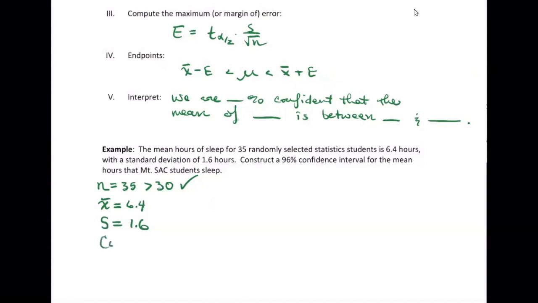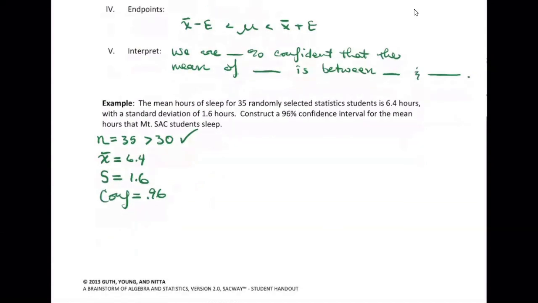The confidence level is 0.96. So my alpha is 0.04, 1 minus 0.96. Now we can go to table A2. Now we use degrees of freedom because we are using S instead of sigma. Degrees of freedom are n minus 1, which will now be 34.